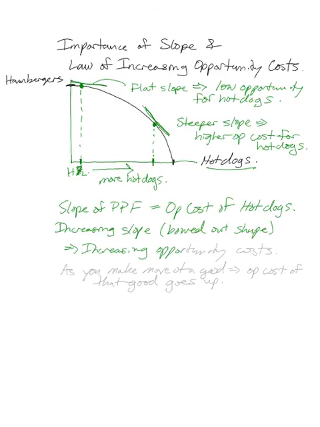Which simply says, as you make more of a good, the opportunity cost goes up. And that concludes this pencast on Production Possibilities Frontiers.